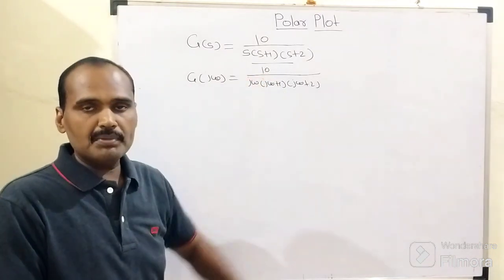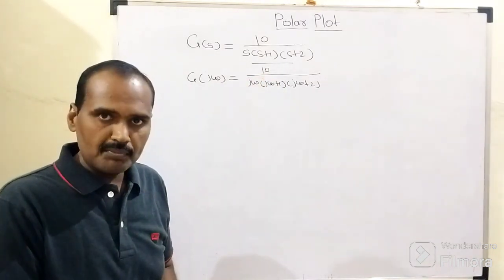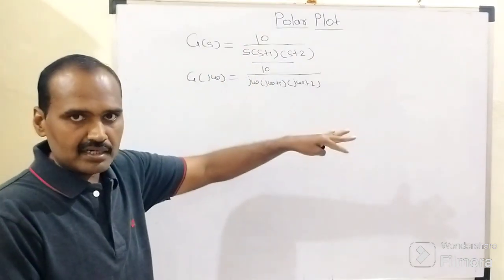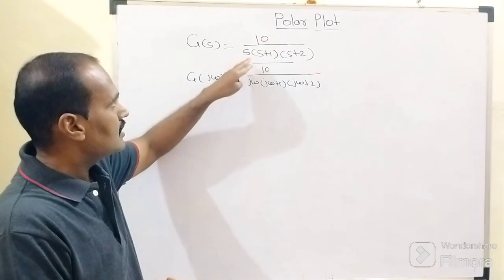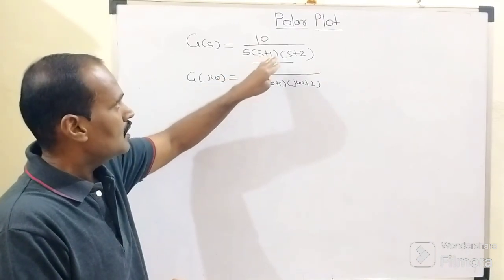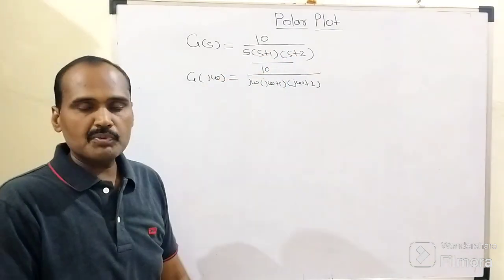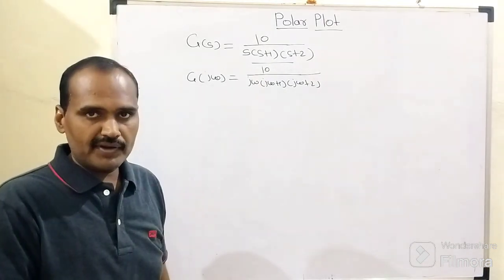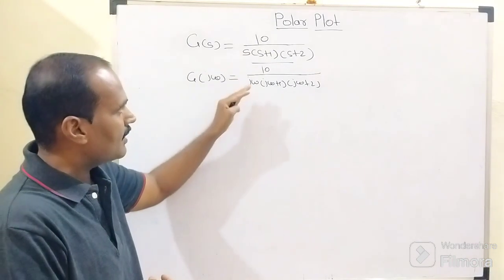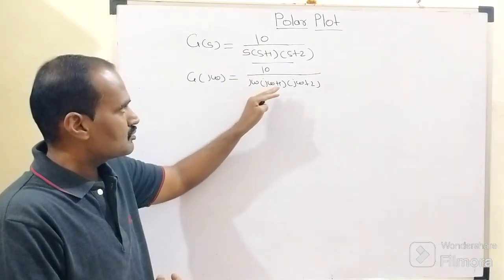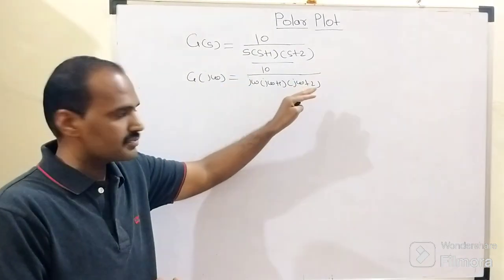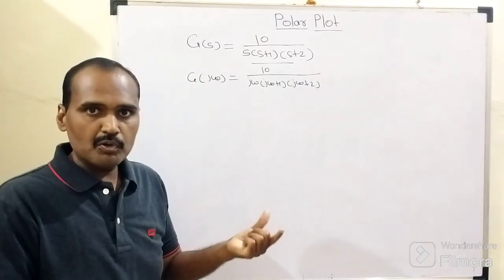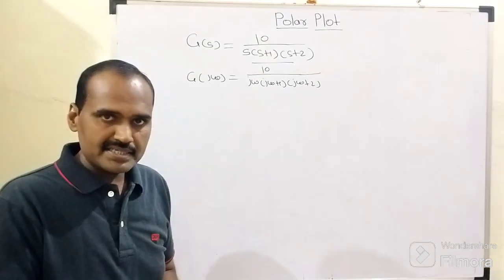In the denominator there are 3 terms, which in standard time constant form is 1 over s times (s plus 1) times (s plus 2). Replaced in the frequency domain, it becomes 1 over j omega times (j omega plus 1) times (j omega plus 2). So there are 3 poles, which means the order of that system is 3.